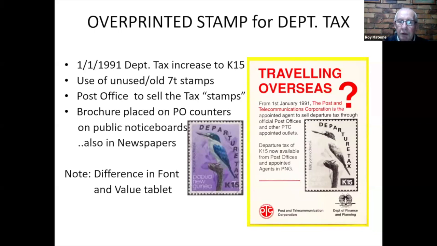Just one thing, when you look at the illustration in the brochure and on the actual stamp itself, you'll see that the brochure has the Kina 15 in a black block, whereas the stamp itself is just open Kina 15.